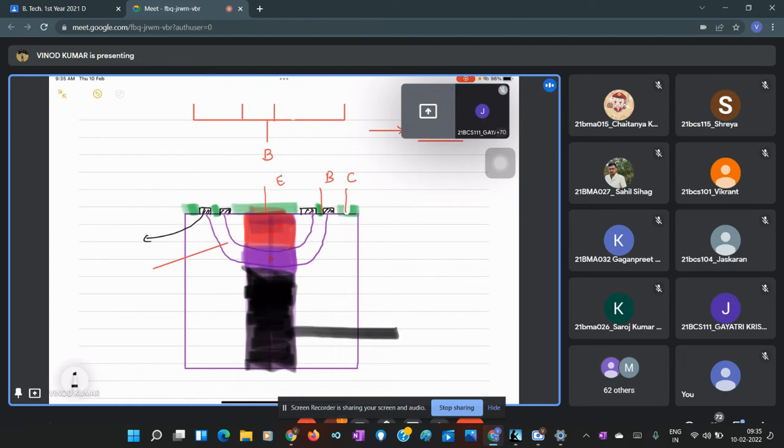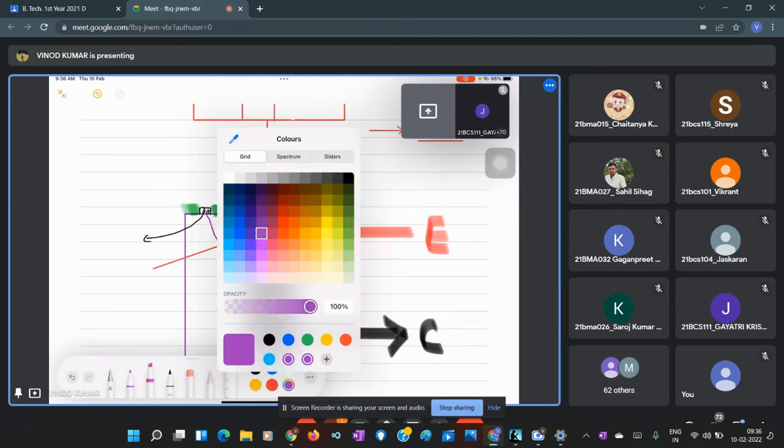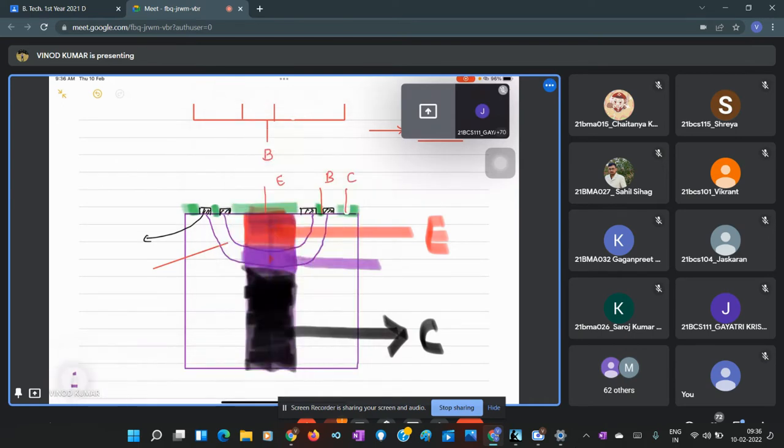So I think now you can see this is collector, right? This is emitter, and this is base. This is what they are using actually.